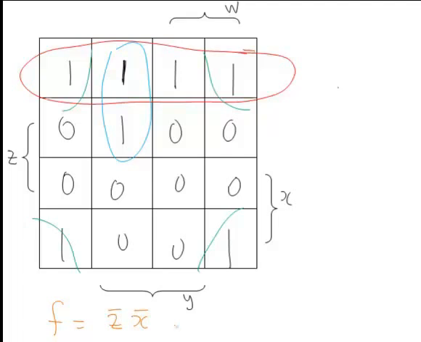That one there we already saw was always in Z bar and also always in Y bar. So that one there is Y bar and Z bar. And finally, looking at our blue 2 square, that one there is always in the Y column, it's also always in the W bar column, and it's always in the X bar row. So therefore this would be our simplified expression in sum of products form.